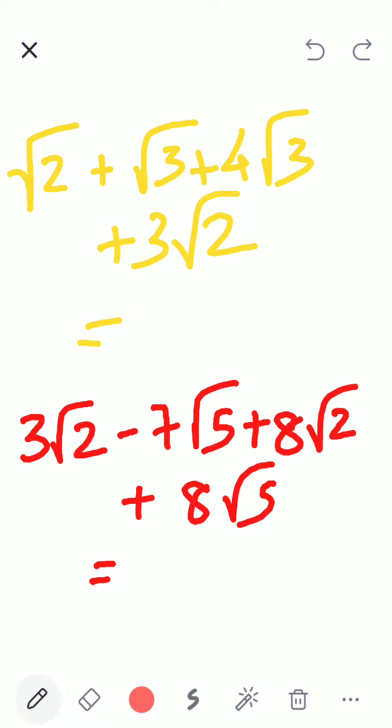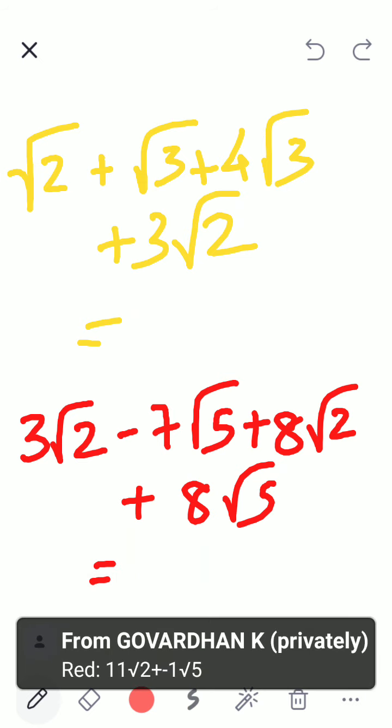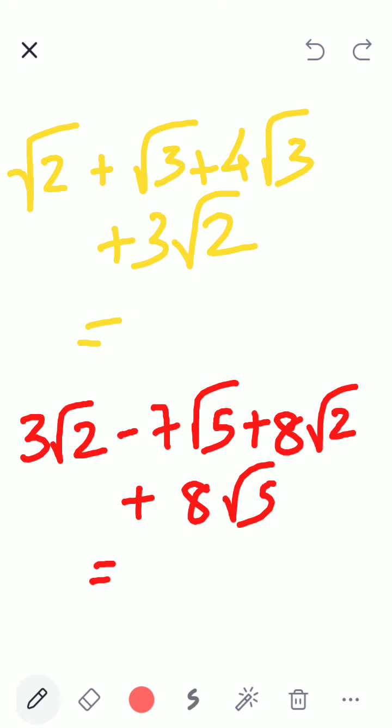Bhargavi, can you tell us how you got the yellow one? First we see what is the same house. Root 2 same house, and root 3 are the same house.